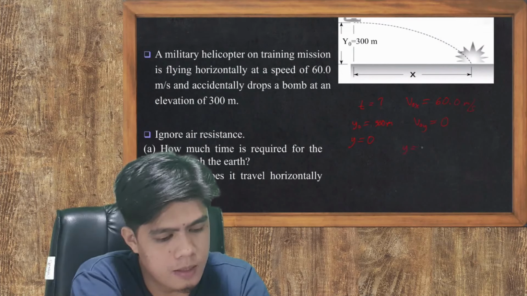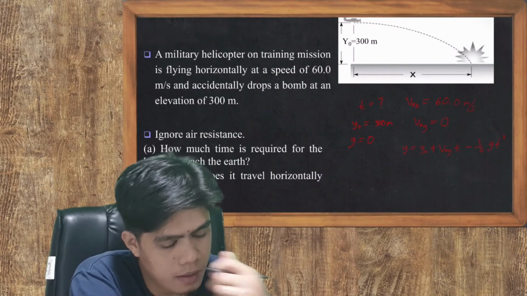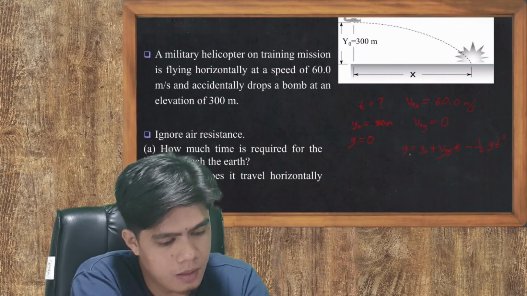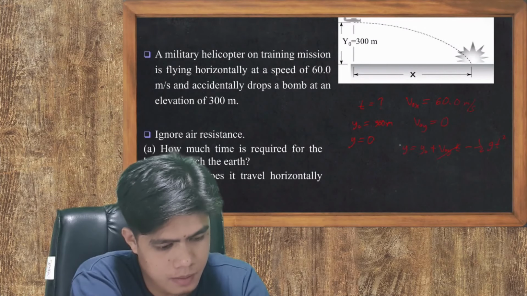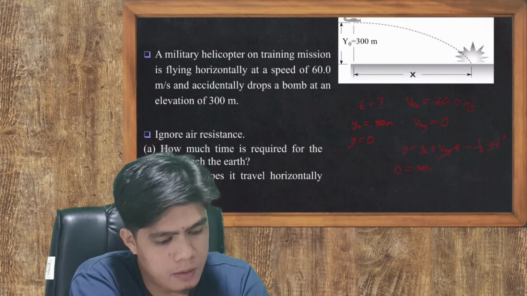Okay, so we'll have the equation y equals y naught plus initial velocity y times t minus 1/2 g t squared. Okay, and our velocity along y is 0, so this term is 0, and our final position is equal to 0, so 0 equals 300 meters minus 1/2 g t squared.